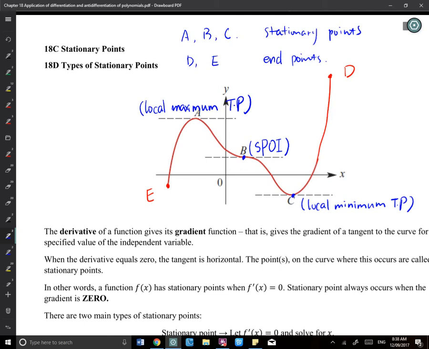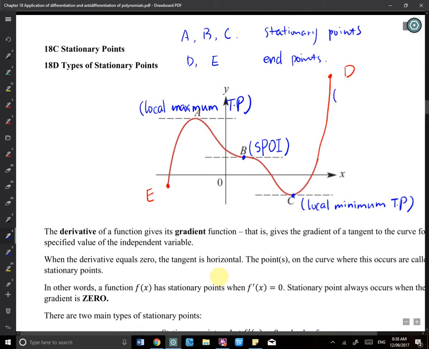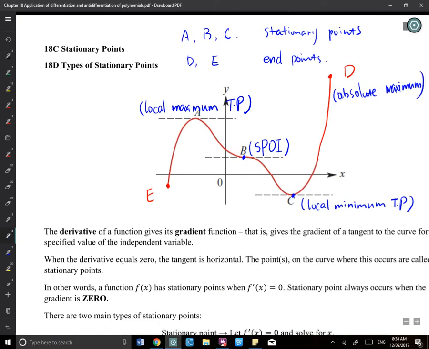Let's have a look at D. From E to D, D is the highest point of the whole graph. So we call that an absolute maximum, because that's the absolutely highest point.